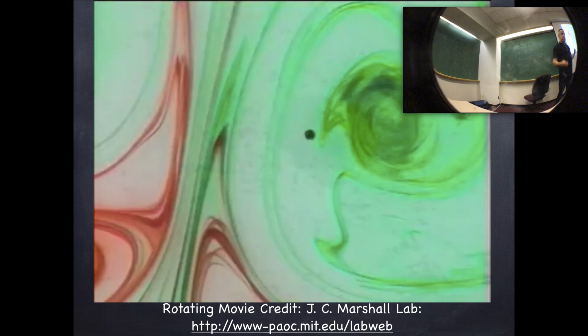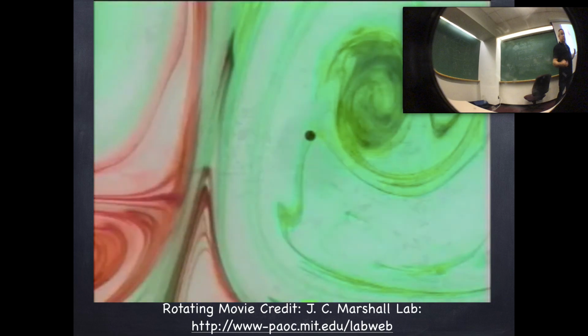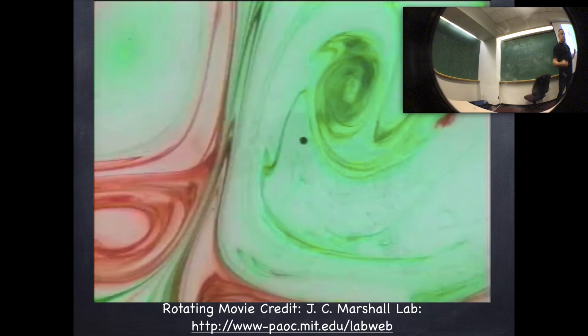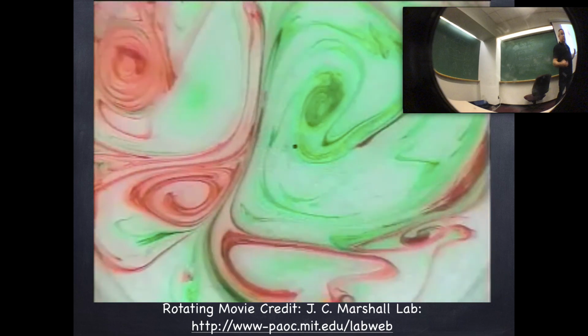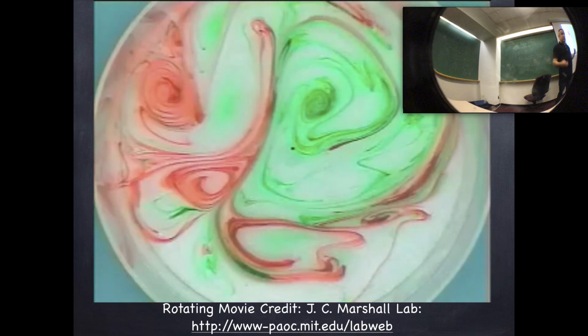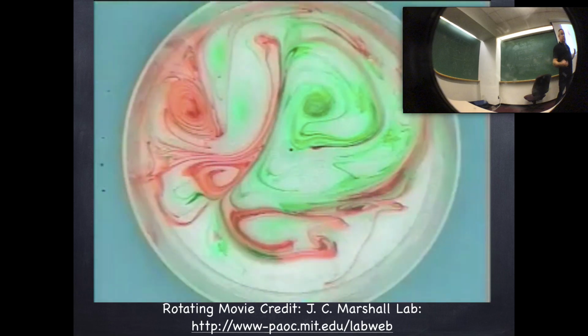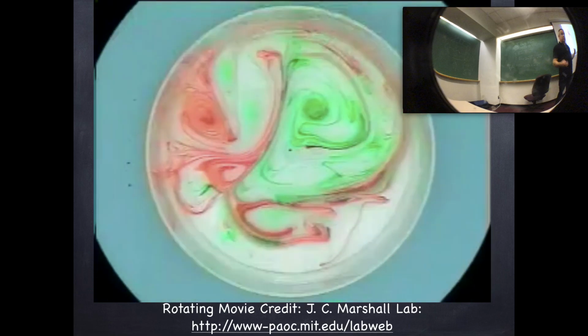In this quasi two-dimensional case, which is also a quasi-geostrophic case except for the little inertial oscillations, versus the three-dimensional one, which has a very different kind of turbulence. It's blobby instead of streaky. So that's where we're going.